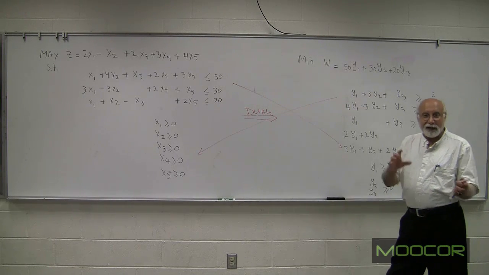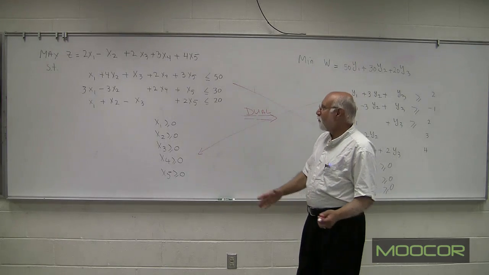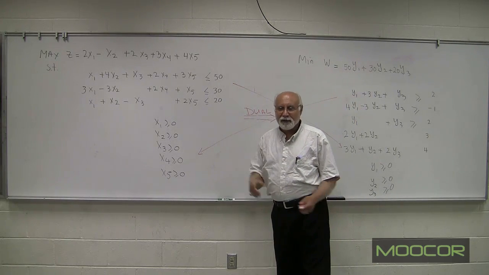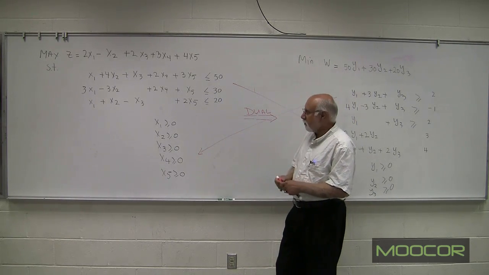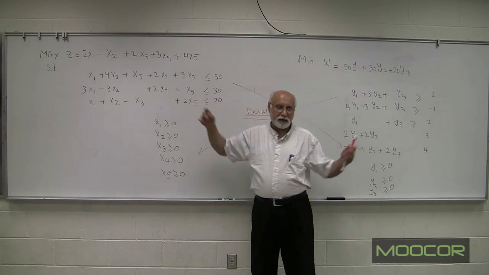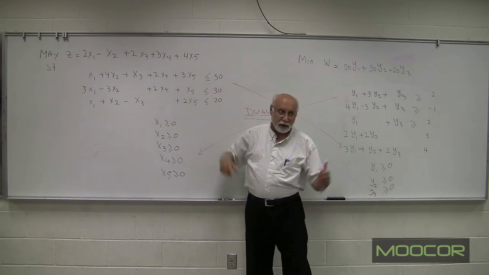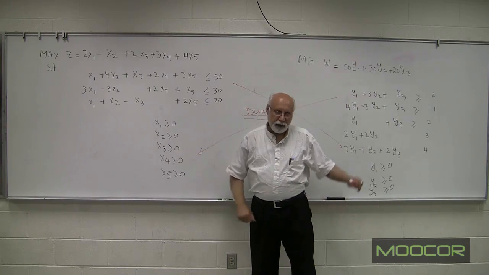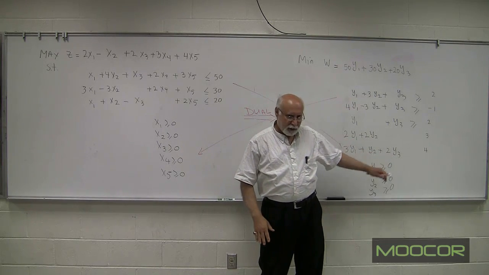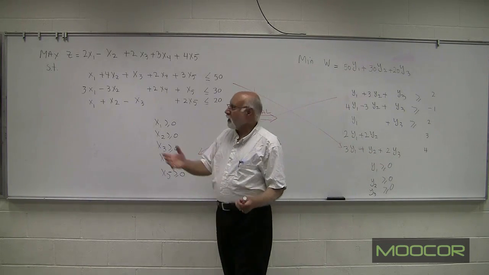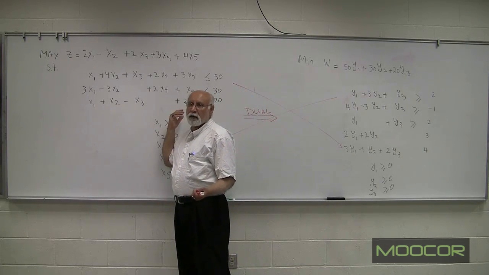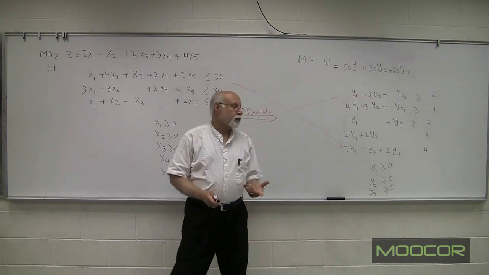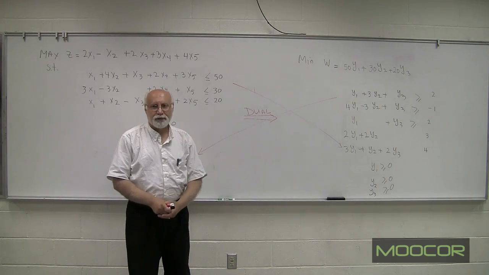But the trick that I talked about in the video for you to memorize it is to just say max, min, less than, greater than, greater than, greater than. This would create a standard symmetric problem, writing the dual of this problem.